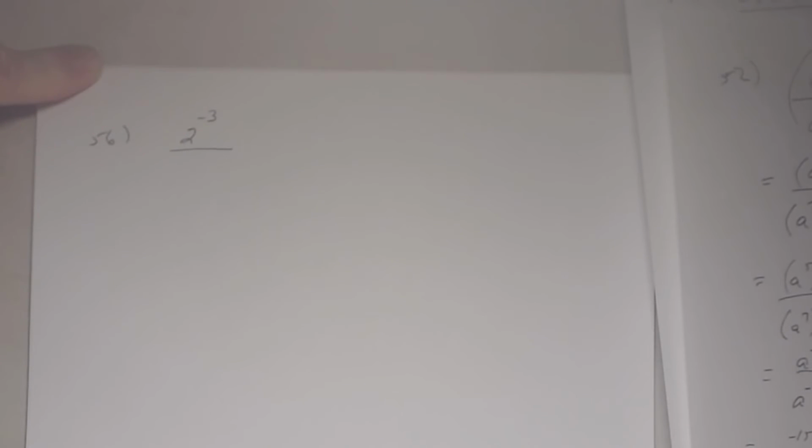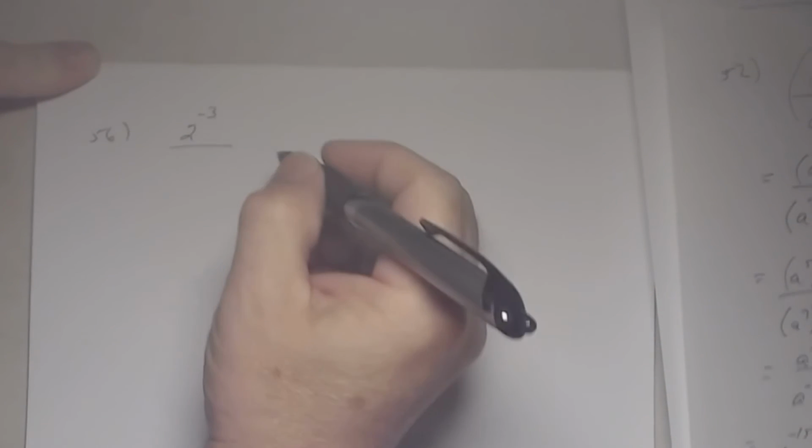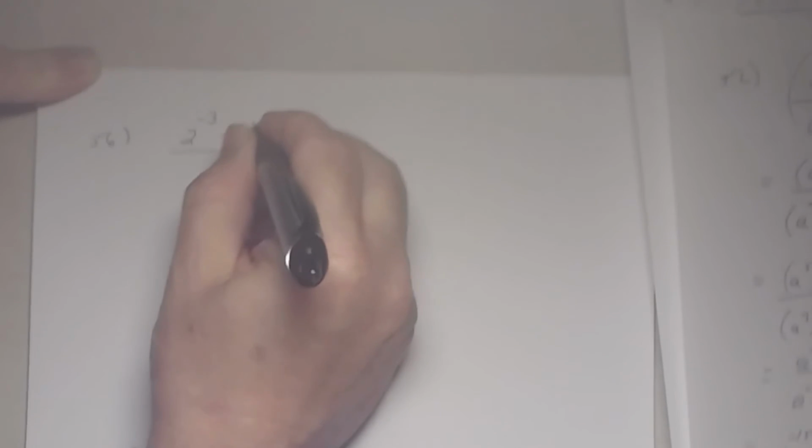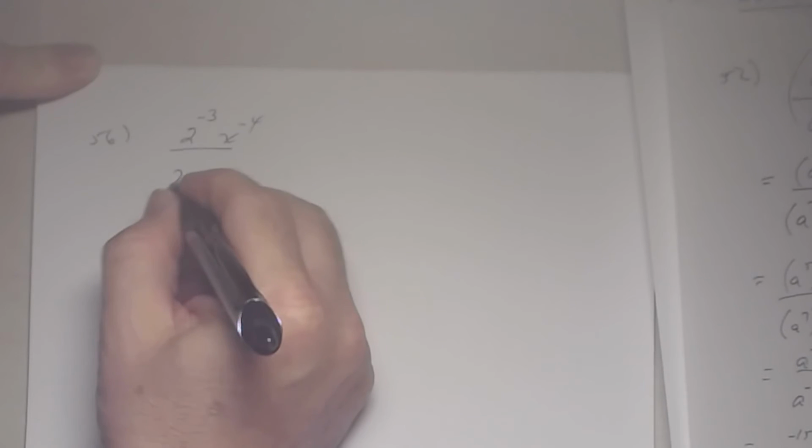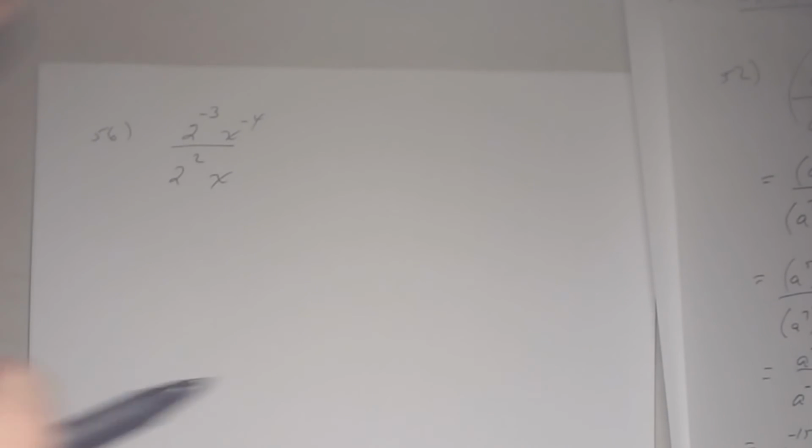All right, 56, we have 2 to the negative third times x to the negative fourth divided by 2 squared times x. Don't make it difficult. What are you going to use here? What does it look like, the rule that you're going to use? Quotient rule.